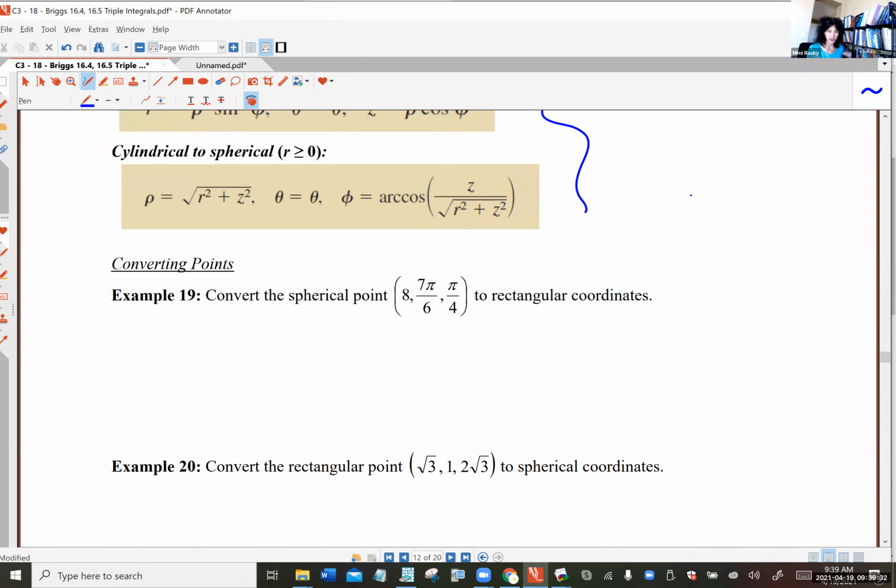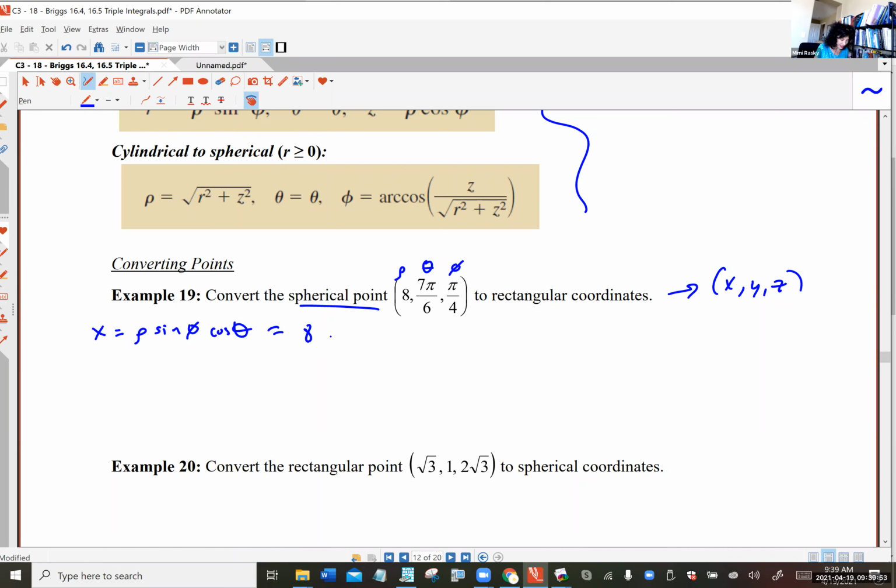Let's do some conversions. So they want us to convert a spherical point, that means this is rho, this is theta, this is phi, to rectangular. So in other words, they want x, y, z. Okay, so x is rho sine phi cos theta, according to the formula.